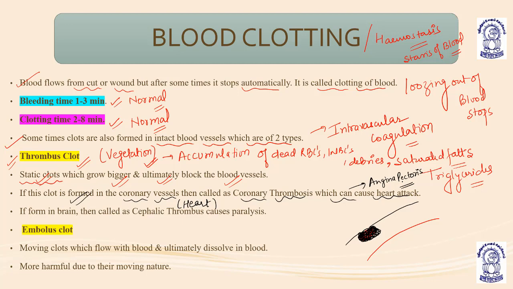The clot will lead to a decrease in blood flow, causing non-supply of blood and oxygen to the heart walls. These walls then get fatigued and do not contract and relax, which causes cardiac arrest or a heart attack.